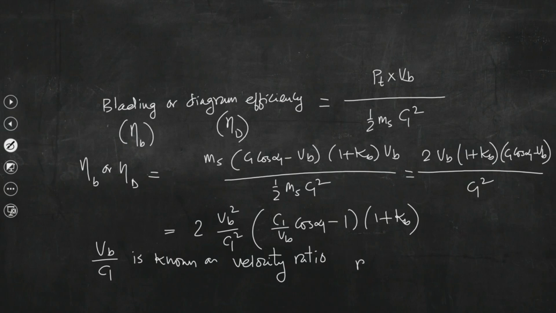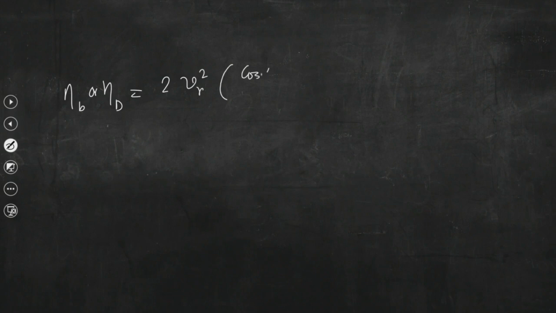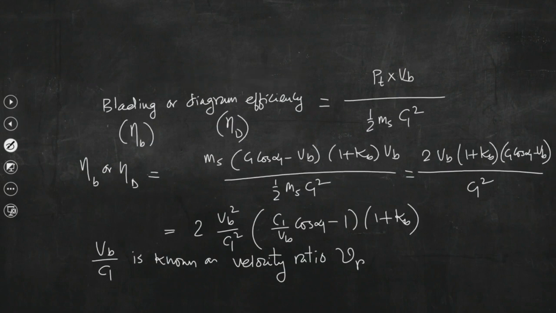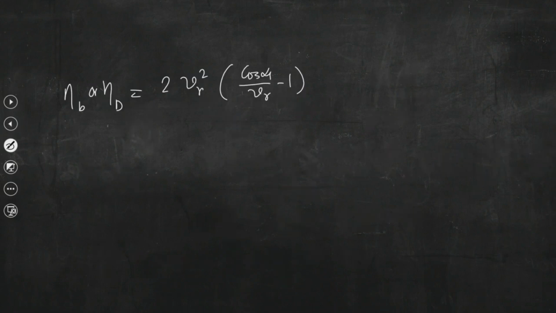Vr. So, we can write this is Vr. Okay. So, if we express Vb by C1 as Vr, then we can write eta D or eta B like this, eta B or eta D, that is twice into Vr square into cos alpha 1 by Vr minus 1 into 1 plus Kb, right.